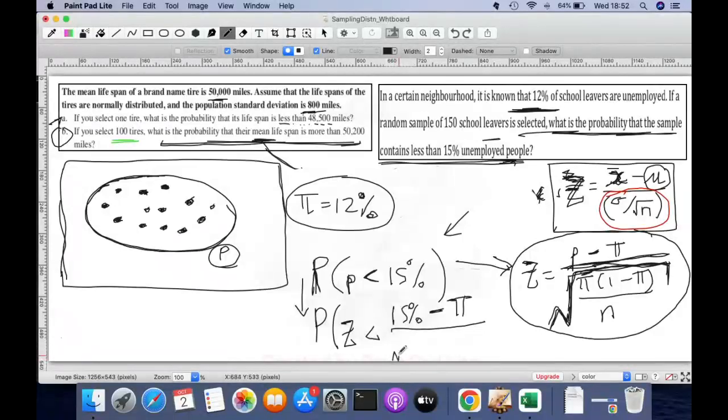So it becomes square root of pi into 1 minus pi, all over n. And we have all the values we need to substitute in this formula.